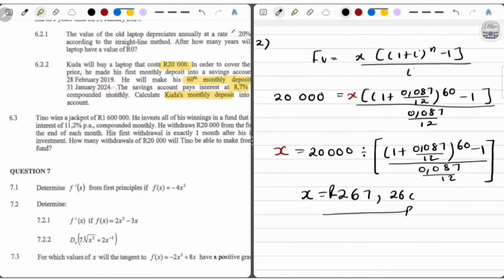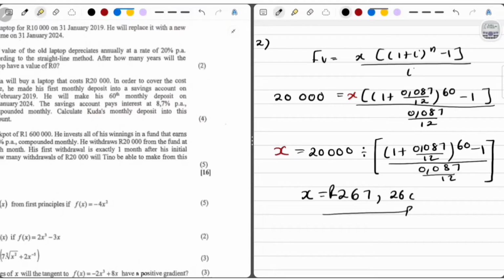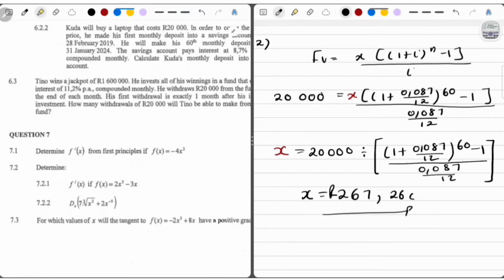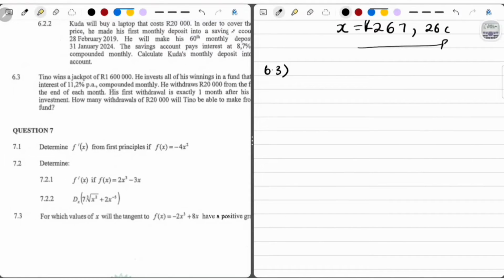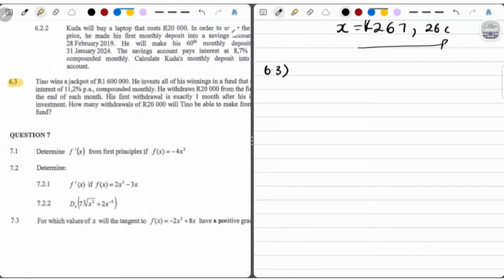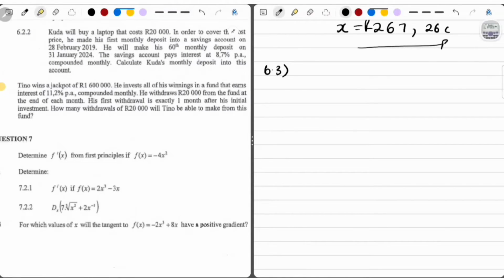Then we move on to the last question in question 6, which is 6.3. Question 6.3 says, Tino wins a jackpot of 1,600,000 Rand. So that's how much he wins. He invests all his winnings in a fund that earns interest of 11.2% per annum compounded monthly, and then he withdraws 20,000 from the fund at the end of each month.